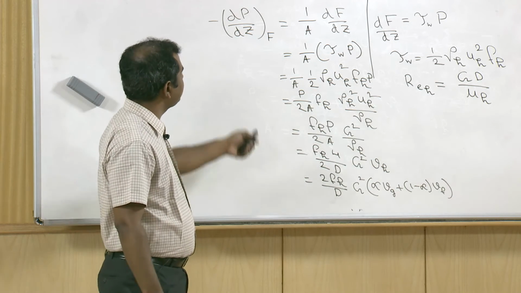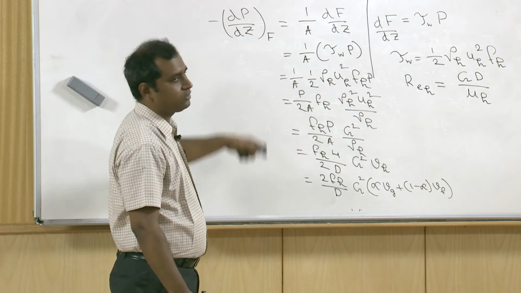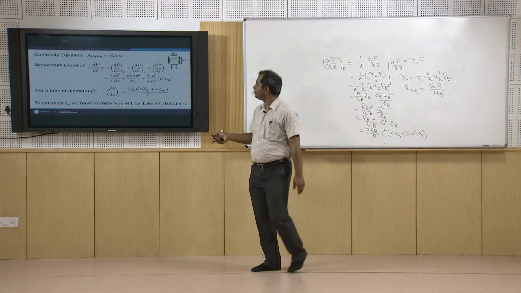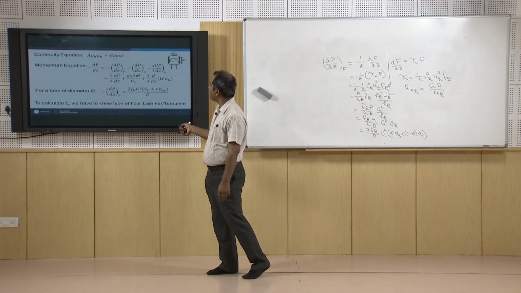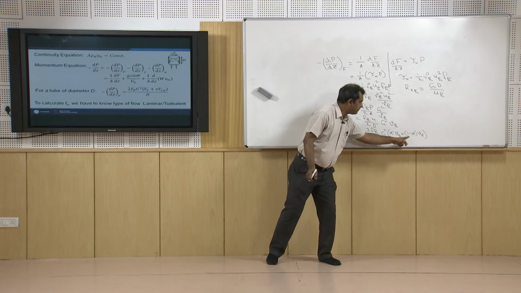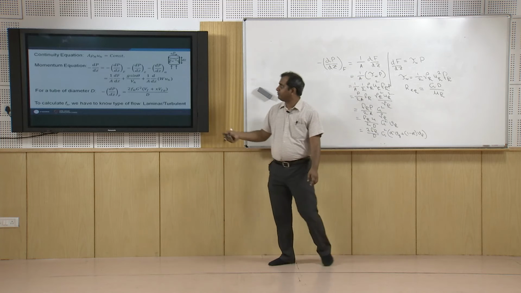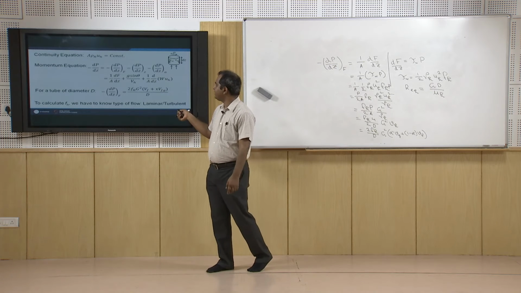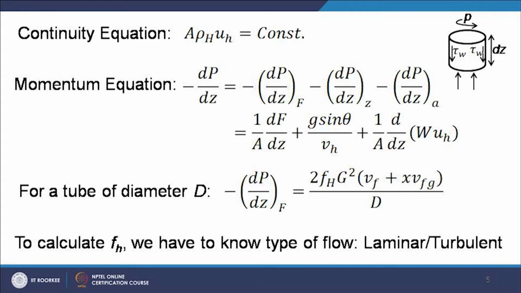So, this is the final equation for the frictional pressure drop, which I have shown you over here: 2 f_h G squared, v_f plus x into v_fg. By the way, in this part I have taken alpha common. So, this will become v_f plus x into v_fg divided by d, where d is the diameter of the tube.